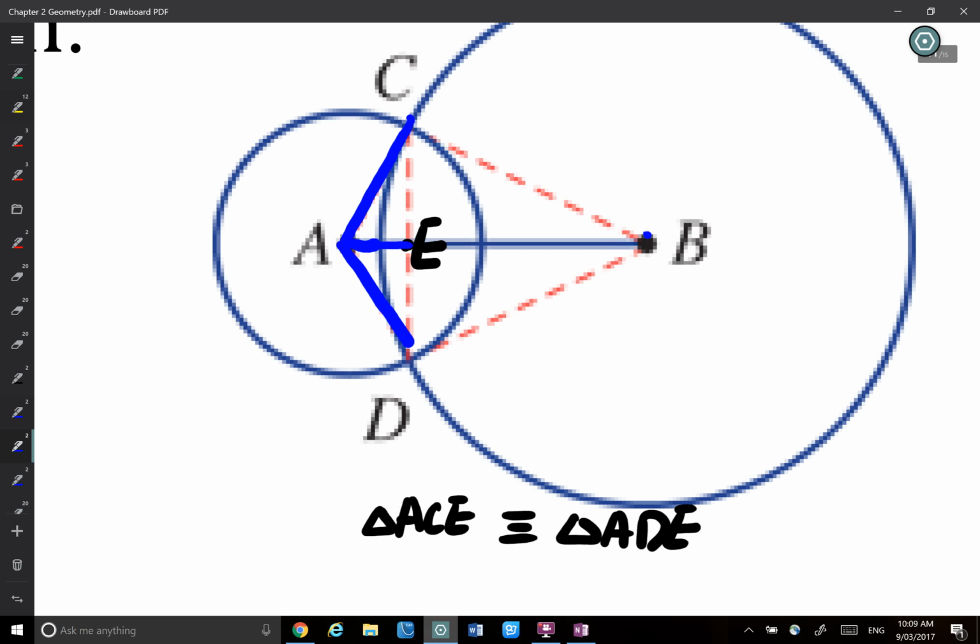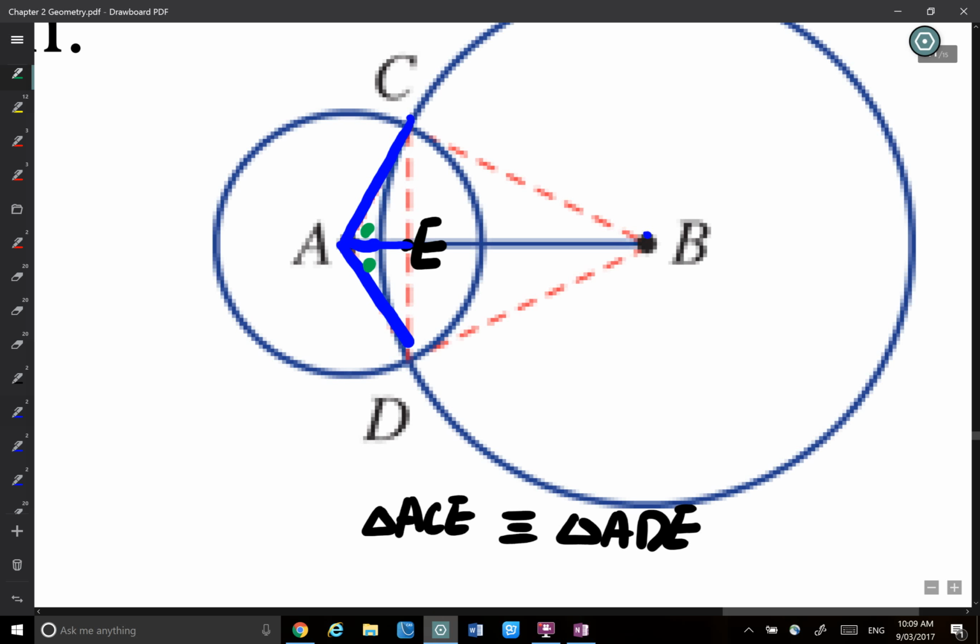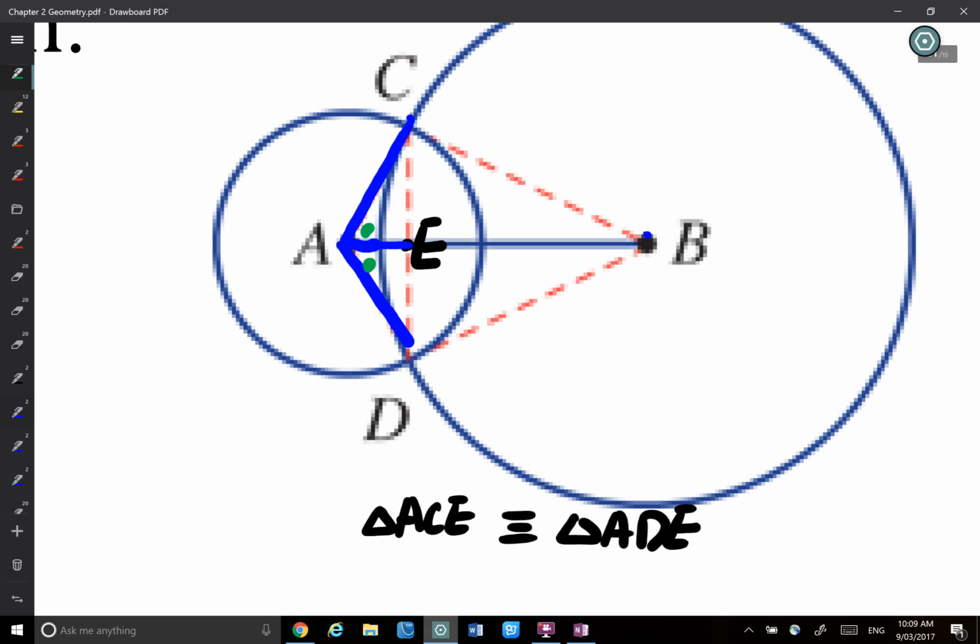If I can know that those two angles are equal, then I can prove those two triangles are congruent. But unfortunately, I cannot prove that those angles are equal yet. So now we need to think about another thing.